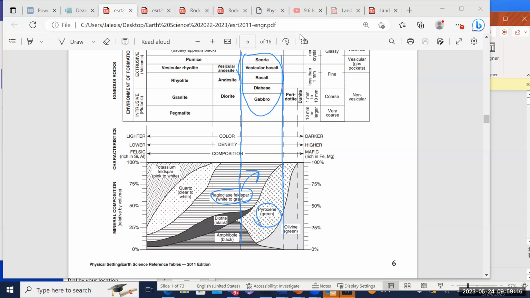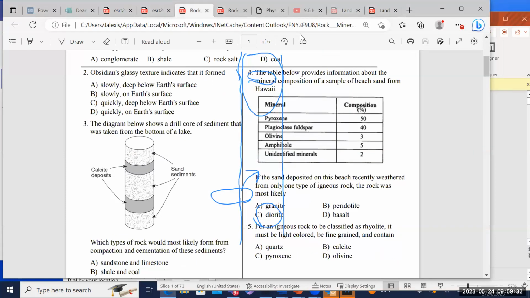When I look at 50% pyroxene, plagioclase feldspar, and it's an igneous rock, the only rock out of the 4 that I see is going to be basalt when you go back to your question. And so that's why it's choice D. That's clear. Let's take a look at number 5.